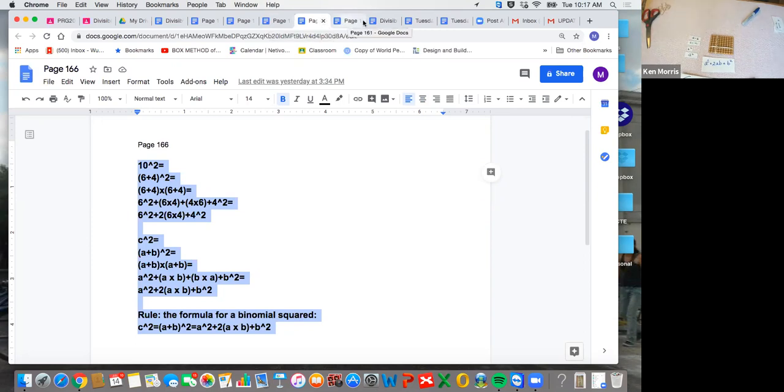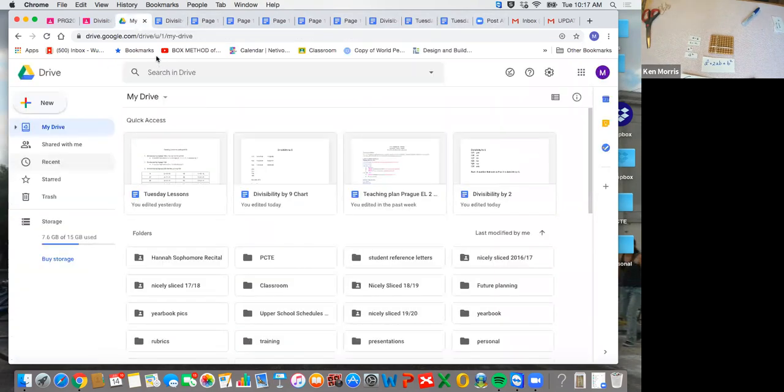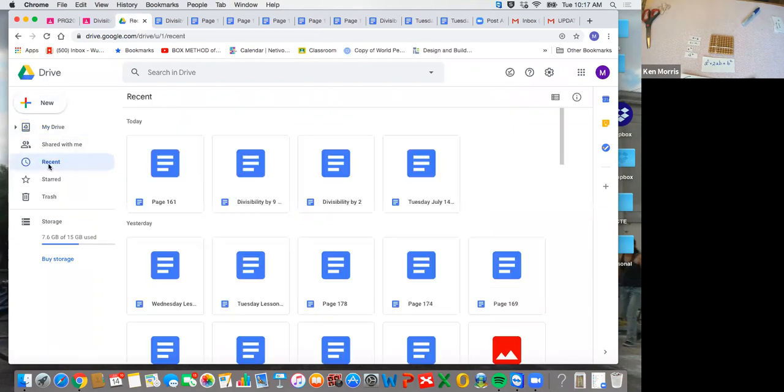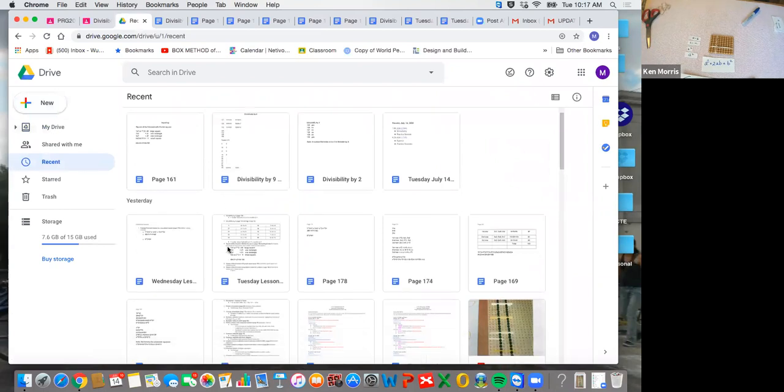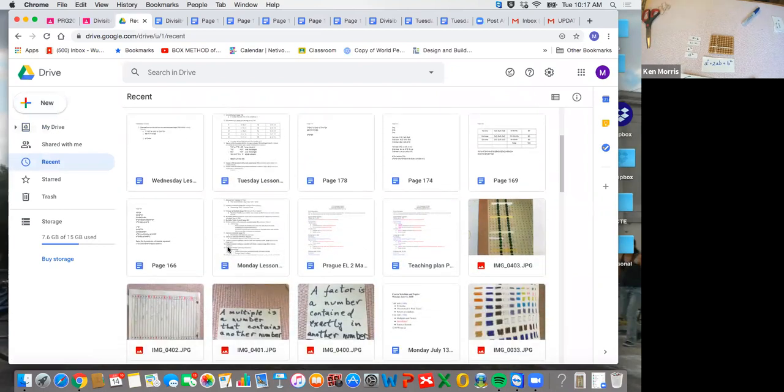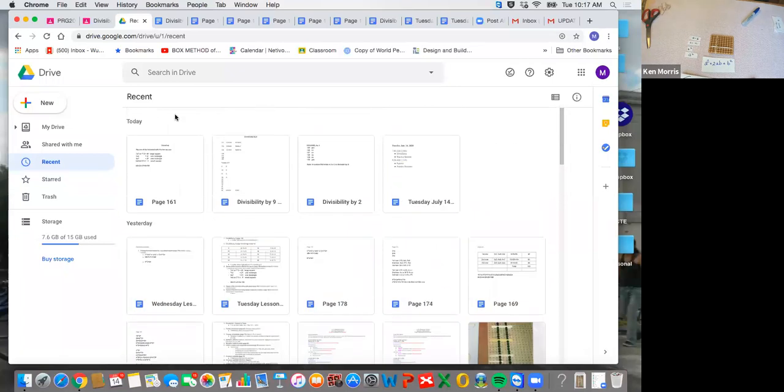Where is it? Don't seem to have it up. Let's see if I have it. Recent, page 163. Okay, I guess I didn't make it. I'll make it right now.